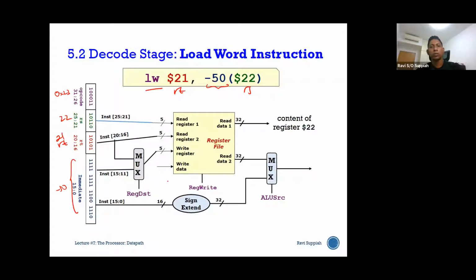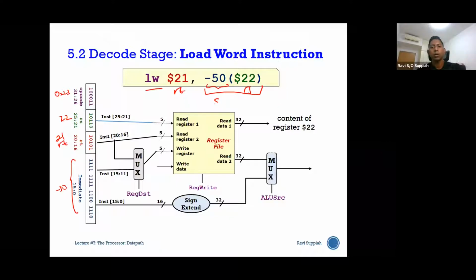All right. So let's just understand the instruction again. What is this instruction going to do? It is going to take some data from memory and move it to a register. Where in memory is specified by the second half of the instruction.